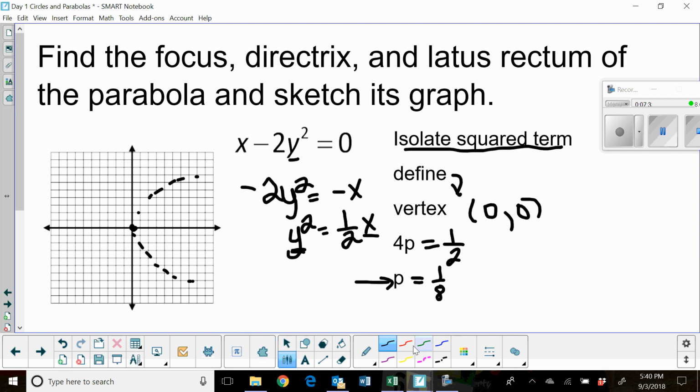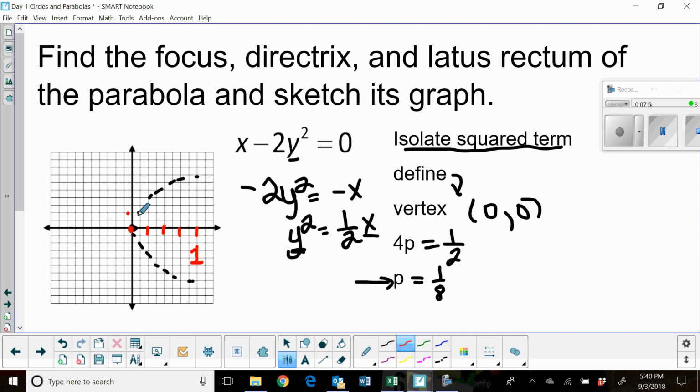Now, let's get exact points. So I'm going to change to red for a second so we can get exact points. Okay, I'm going to make this 1/4, 1/2, 3/4, and 1, just to make it easier since our p is so small. That means our scale is going to be basically in eighths.